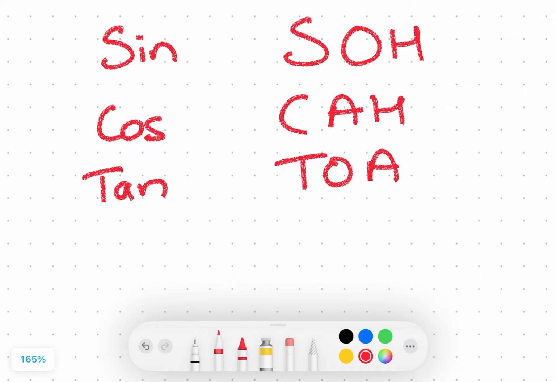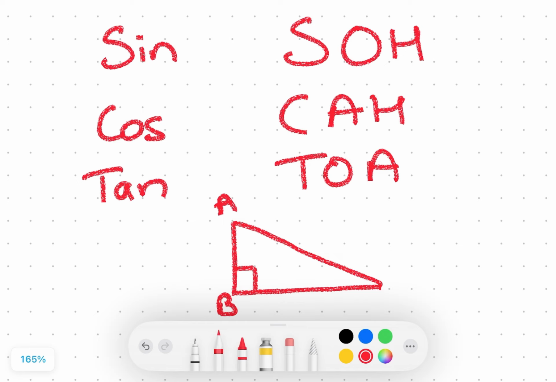Another thing about trigonometry is to understand the sides. It happens in a right angle triangle. Say for example, we've got A, B, and C. This is 7.